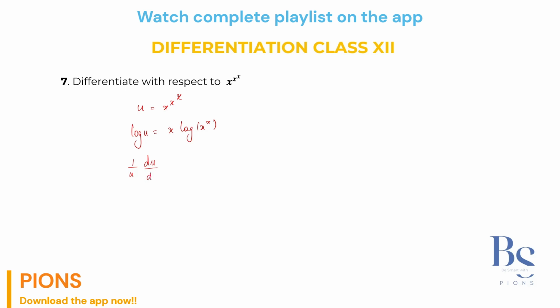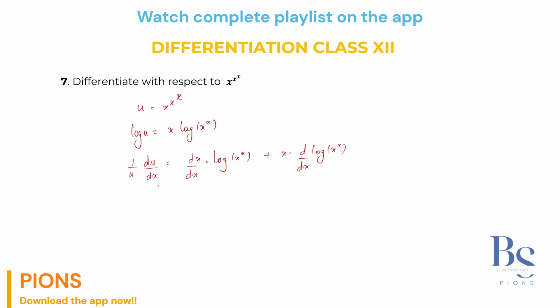Correct? And if we differentiate it, sir, first differentiate x. Keep the log of x raised to x as it is, plus x as it is, the differentiation of log of x raised to x.